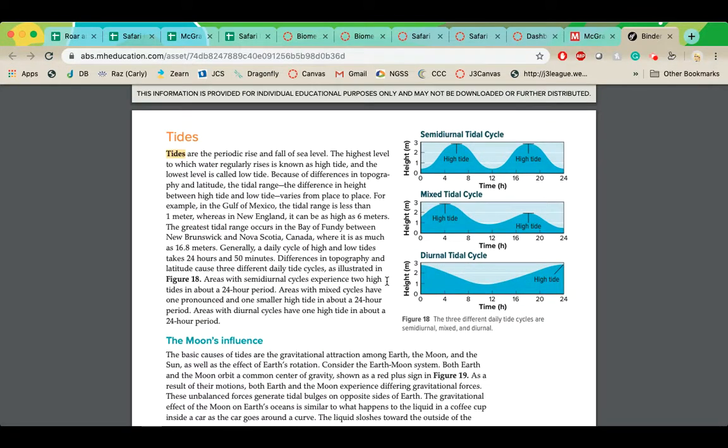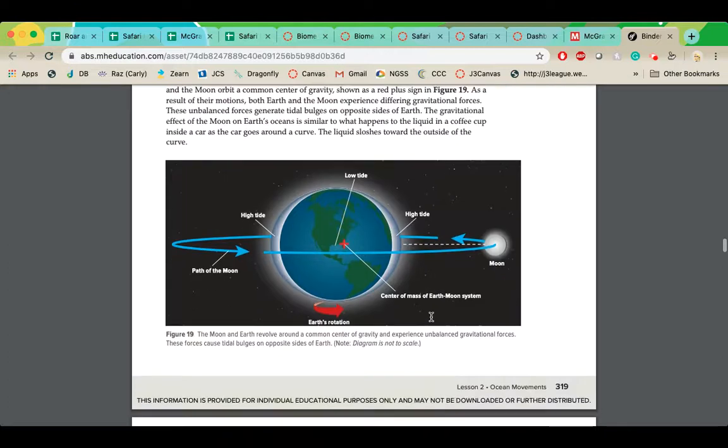So tides are actually the rising and falling of the ocean. And I like this picture in some ways. The moon does have gravity, and that gravity pulls not just on you, but also on all the water on the planet.